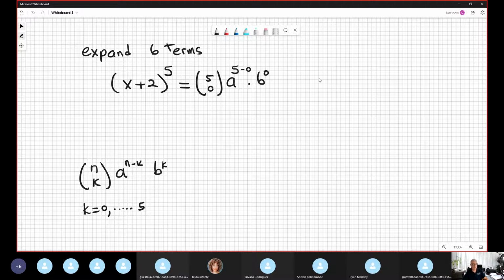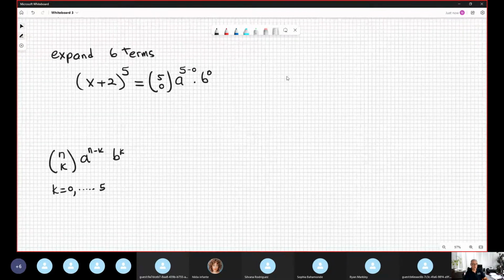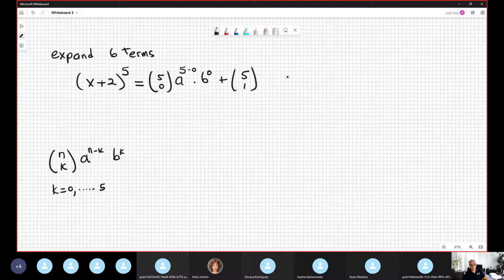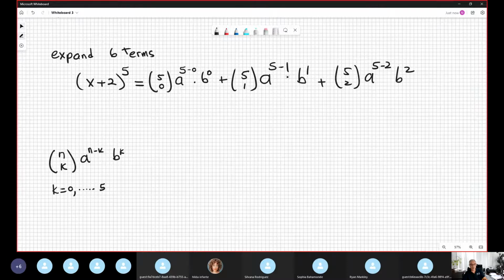After that I want to do it fast, because you know b to the 0 is 1. Now the second, combinatory number 5, 1, a to the 5 minus 1, b to the 1. It's easy. Combinatory number 5, 2, a to the 5 minus 2, b to the 2. This is important because when you add the exponents, 5 minus 2 plus 2 is always 5, the original number.